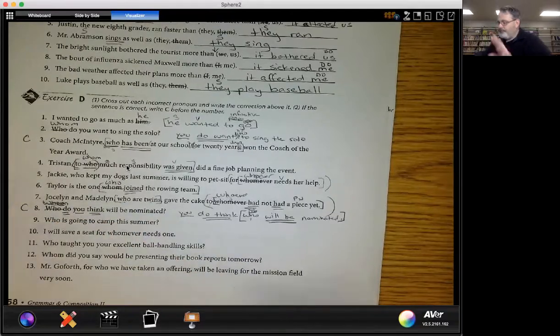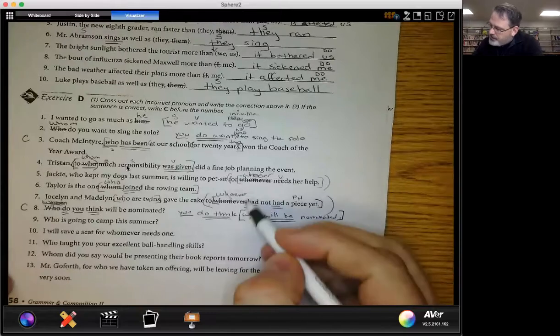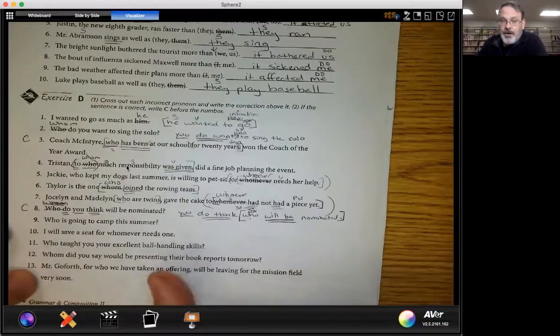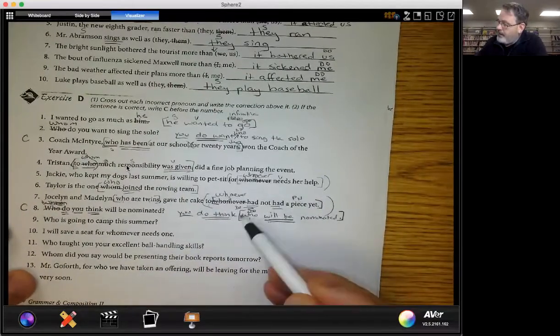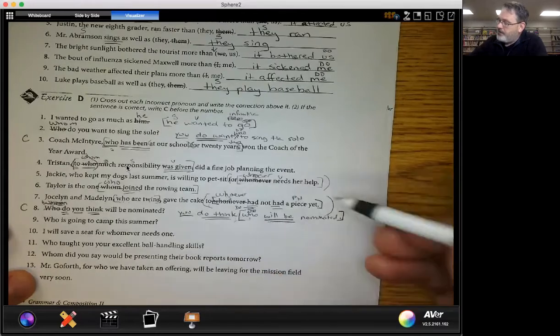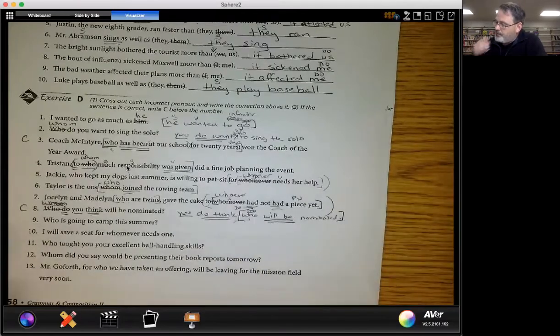Okay, so now the whole clause is the direct object. You do think, so what do we think? We think who will be nominated. So that's why I got that wrong. Anyway, that clause is the direct object, but in the context of the clause, who is the subject?